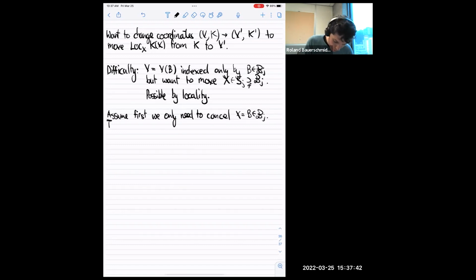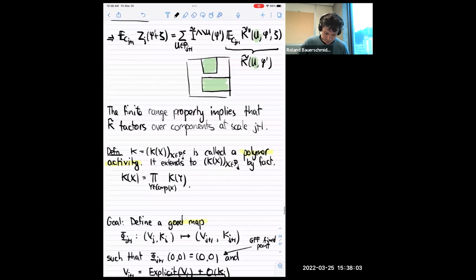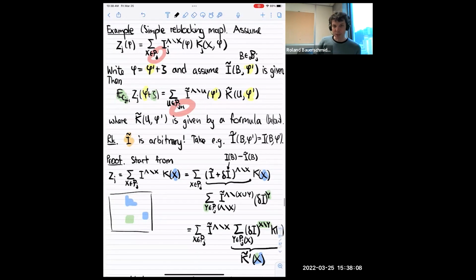Then the simple reblocking map from last time suffices. So what is the simple reblocking map? Let me just scroll up a little bit. That's the advantage of having a tablet instead of a board. That's this one, right? This is the one we saw last time at the beginning. We had the simple reblocking map. It was a little bit concerning because this I tilde was arbitrary.